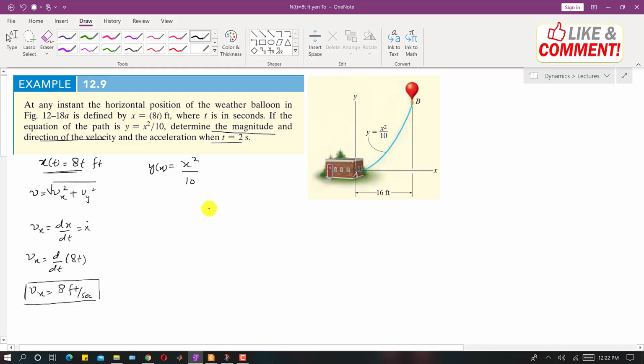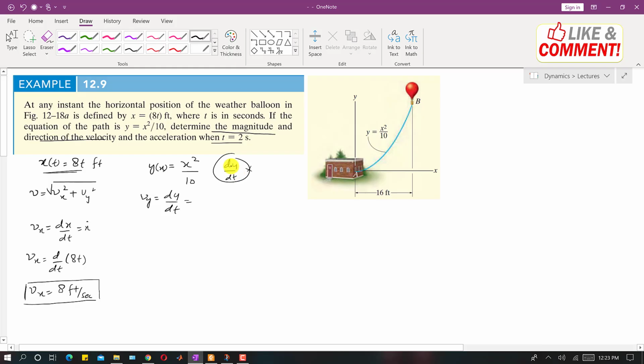Similarly, if you want to find Vy, Vy will be equal to dy by dt. Since y is given as a function of x, we will apply the chain rule. We cannot take the derivative of y with respect to t directly.